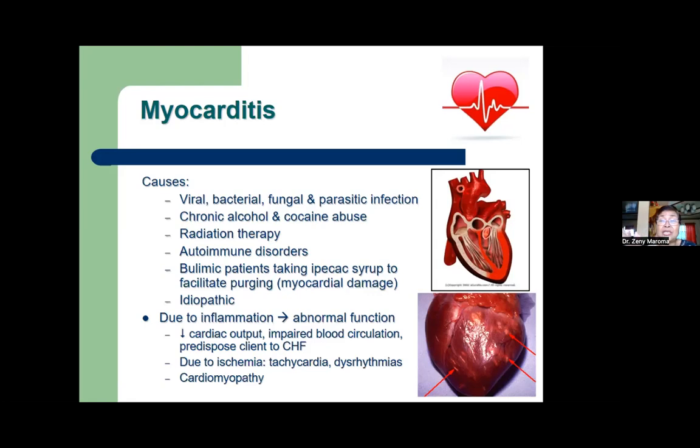Dilation is stretching of the heart muscle. Because if you will recall, the more stretched the heart muscles are, there'll be more ventricular filling. Ibig sabihin, maraming dugo ang papasok sa ventricle, and therefore it will be able to create a greater contraction. So that is Frank-Starling law. The more stretched the heart muscles are, there'll be more ventricular filling. It will be able to create a greater contraction.